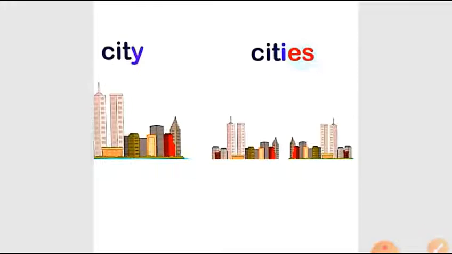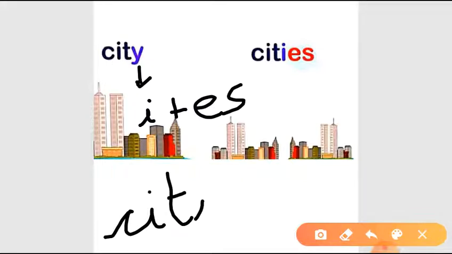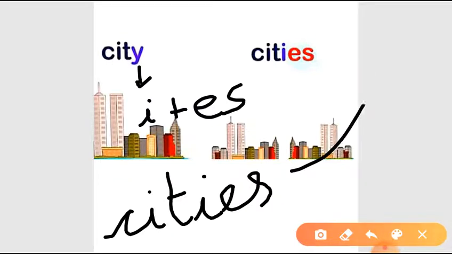Because t is a consonant and the word is ending with y, what we have to do? We have to change this y into i. Instead of y, we will write i and we will add es to the word. So what will be the word formed? Sit... Instead of y, we will write i and we will add es. Like this, right?